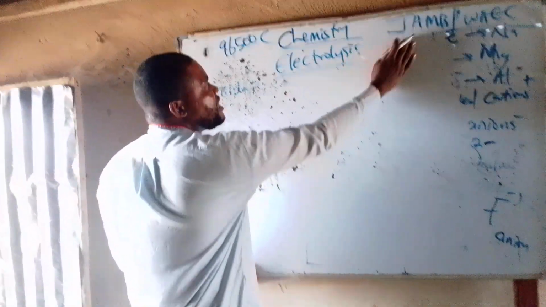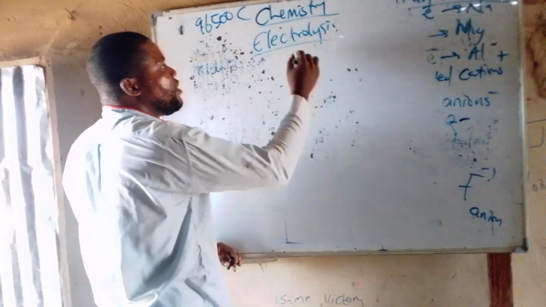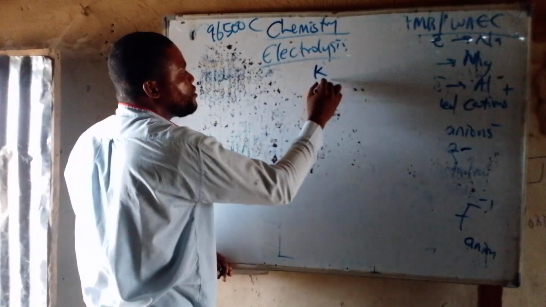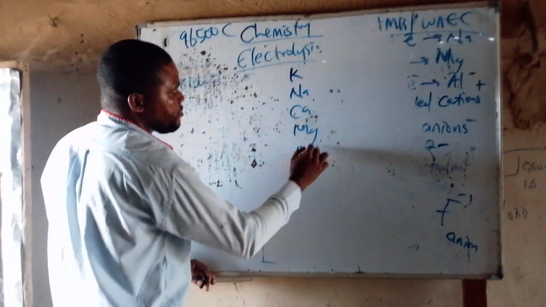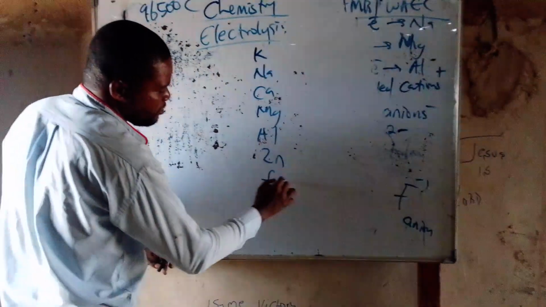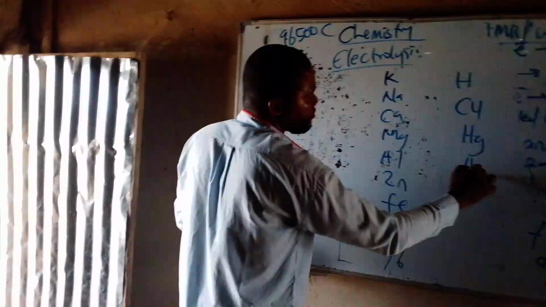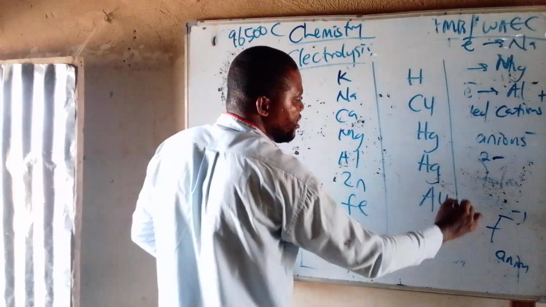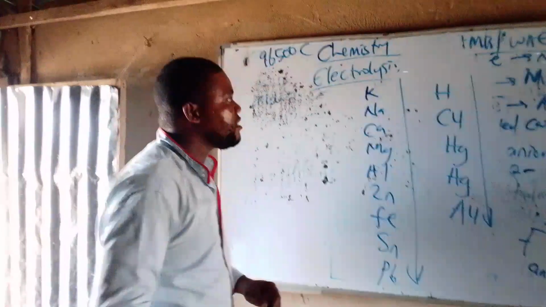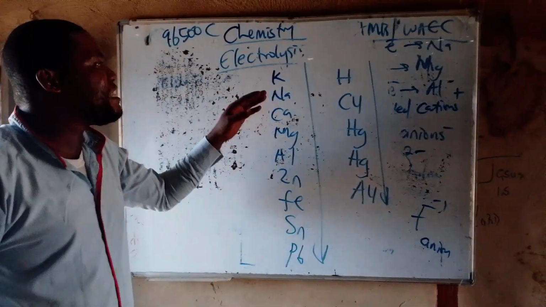Now let me give you the decreasing order, from the highest to the lowest. We have potassium, sodium, calcium. This is the decreasing order on the electrochemical series.